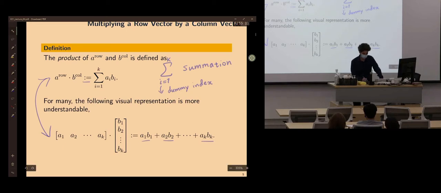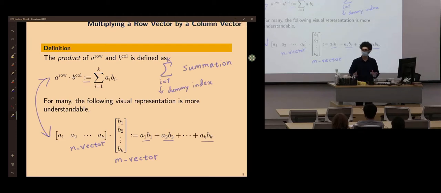Can A be an n vector and B an m vector? Can I multiply them? No, everybody's shaking their head left and right that you can't do that.